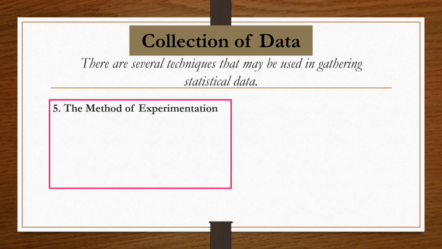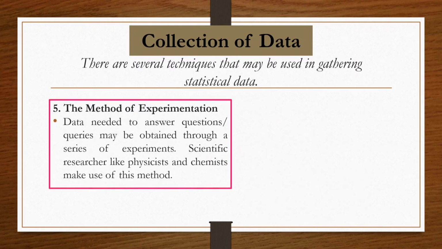The fifth one is the method of experimentation. Data needed to answer questions or queries may be obtained through a series of experiments. Scientific researchers like physicists and chemists usually make use of this method.